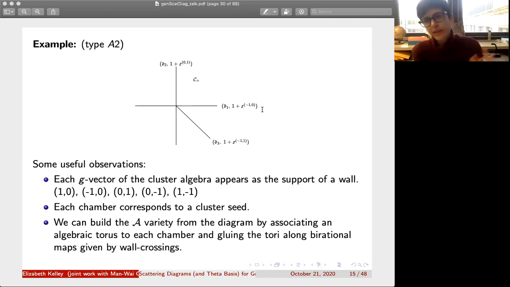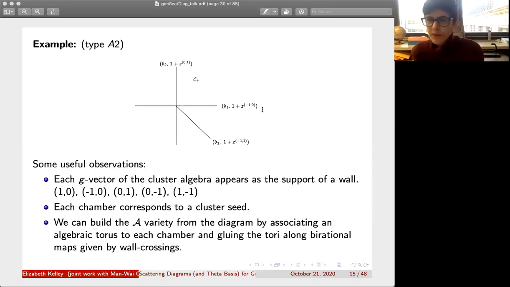These are an interesting set of parameters for us to look at sometimes. Each G vector of the cluster algebra is actually showing up as the support of a wall. If you are familiar with type A2, you'll know that the G vectors are the ones that I list on this slide, and you can verify for yourself that they are indeed showing up as the support of each of these walls.